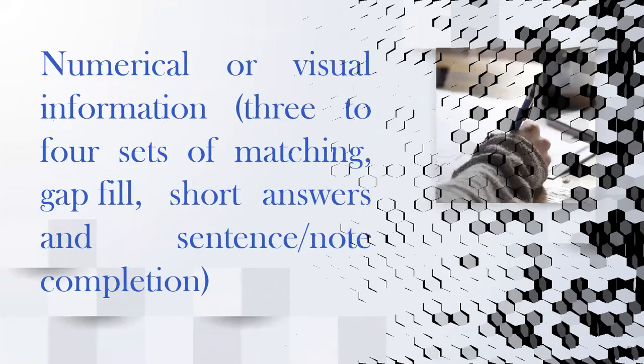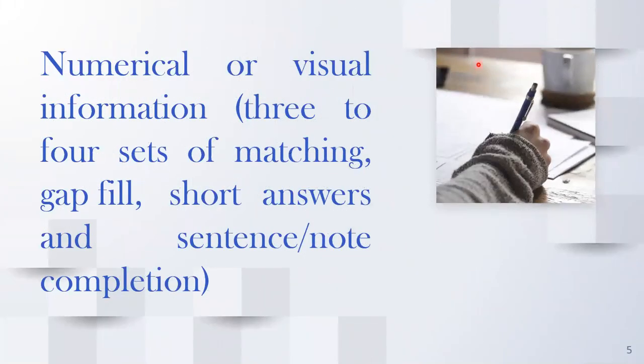Let's look at the questions that you get to answer. Usually they are presented in numerical or visual forms, and there are 3 to 4 sets of matching information to text, gap fill, short answers, and sentence or notes completion questions. And they would be arranged in that numerical or visual information order.